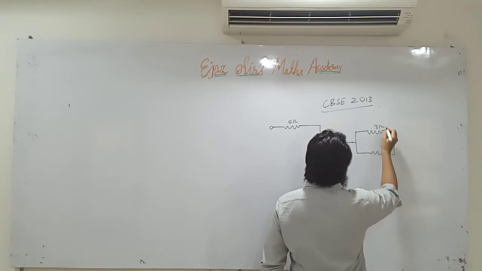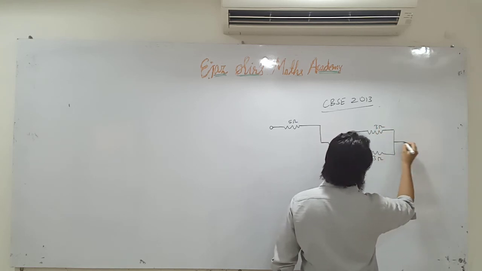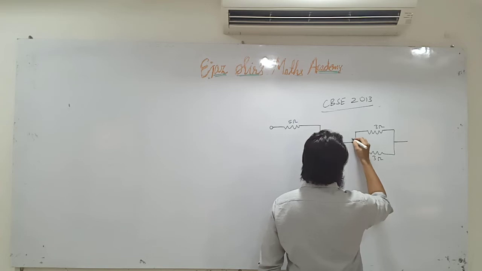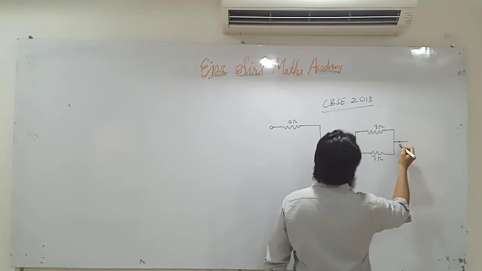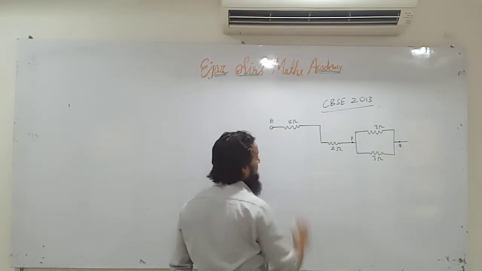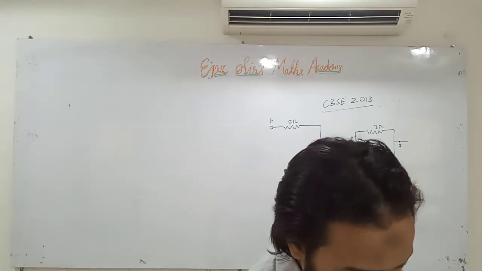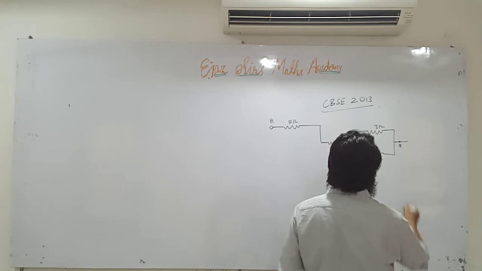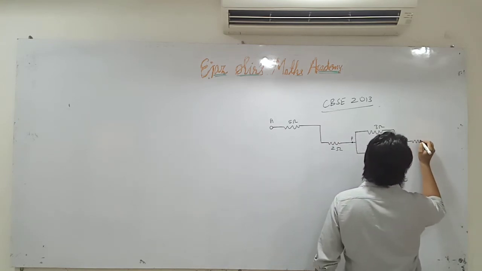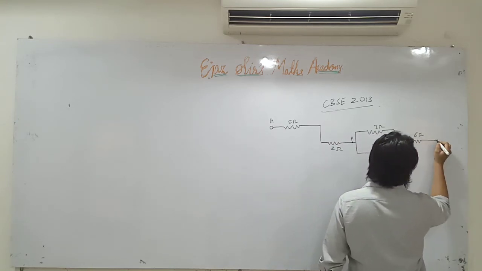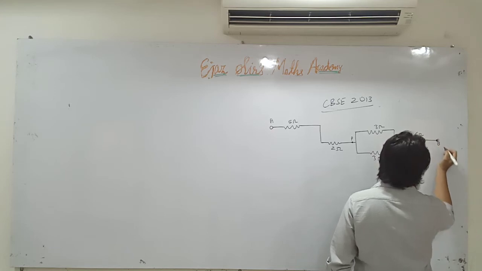This is 3 ohm. This is also 3 ohm. They have given the name P here and the name Q here. They have given the name A. 3, 3 and 6. And here it is 6 ohm resistance. And this point is called point B.